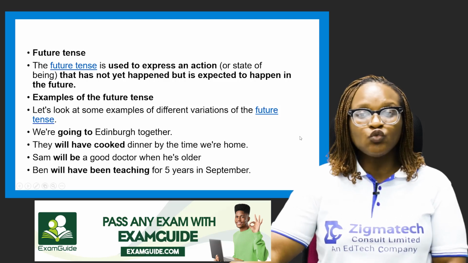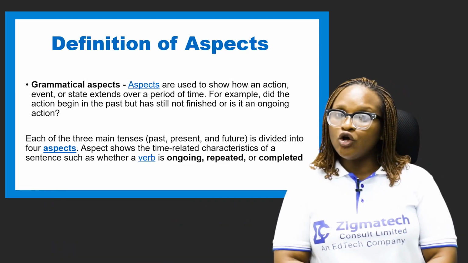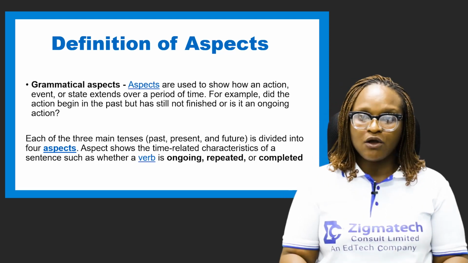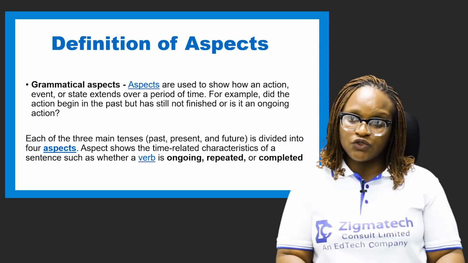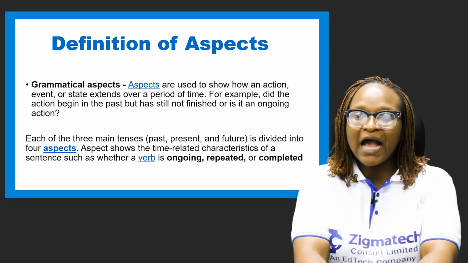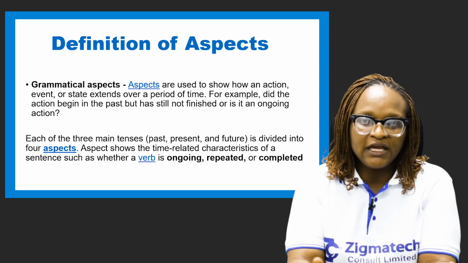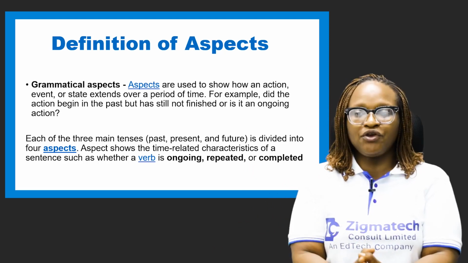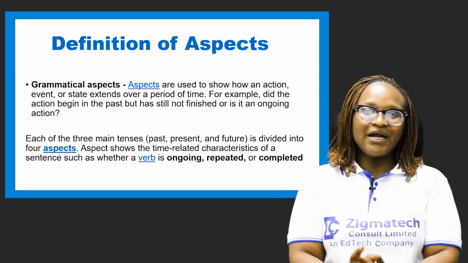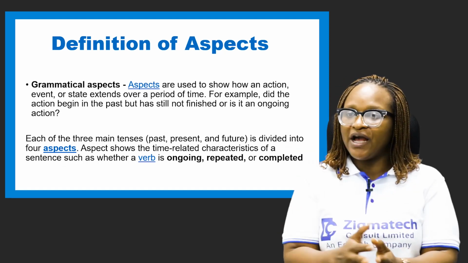So that's what will help us get into aspects, having looked at the variations of the past, the present, and the future. Then we'll move on to aspects. So what are aspects now? They are used to show how an action, event, or state extends over a period of time.